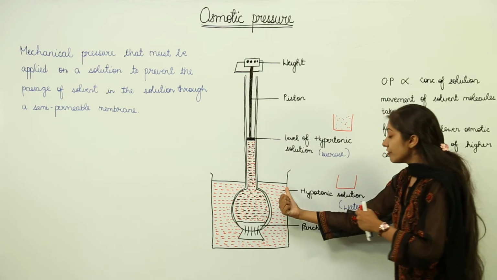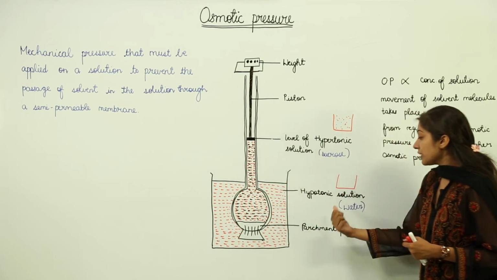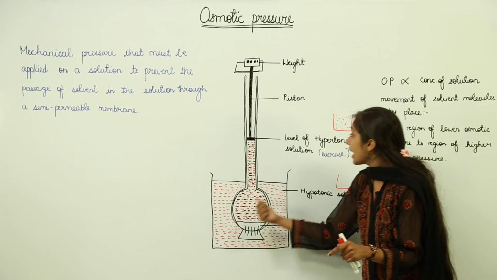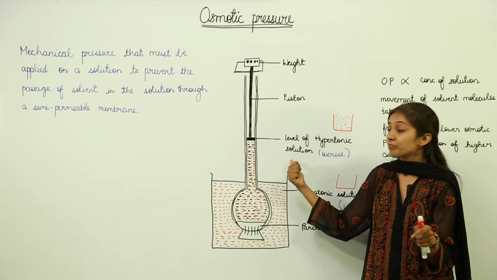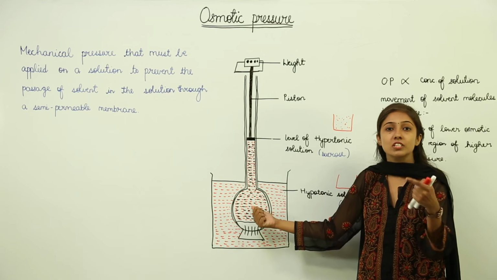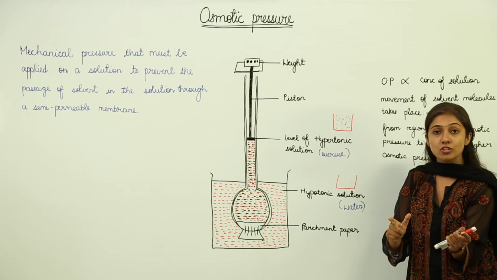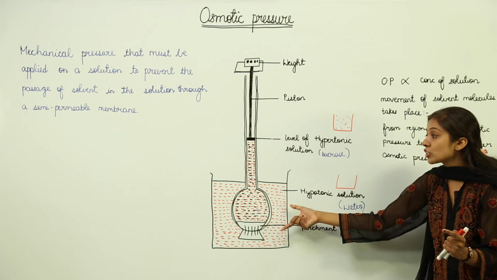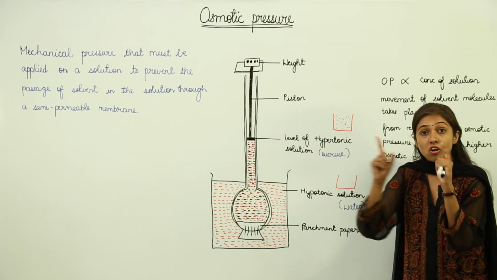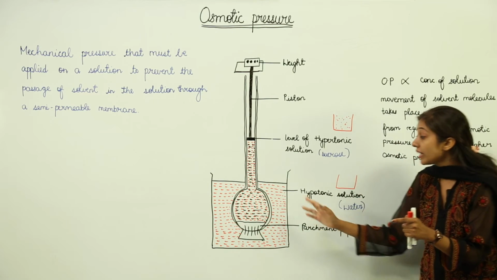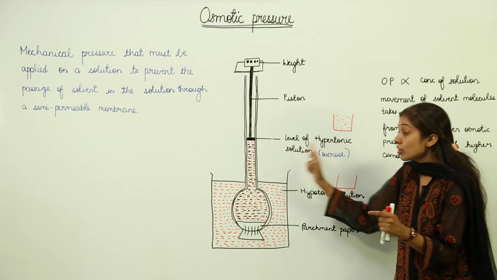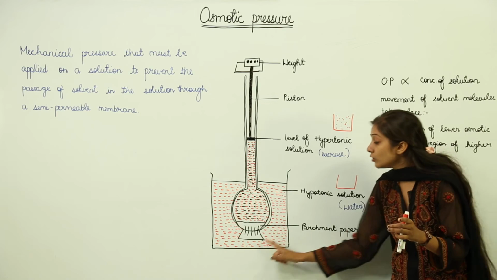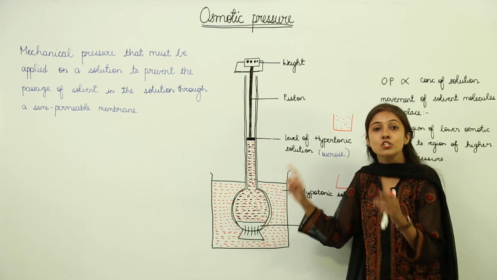You can see that here in the beaker we have a hypotonic solution, which means we are talking about low osmotic pressure, and in this Thistle funnel we had hypertonic solution, means the solution which is at higher osmotic pressure. So, there was a movement of water molecules from the beaker into the Thistle funnel, means from lower osmotic pressure to higher osmotic pressure. You can also say that there is movement of water from a dilute solution to a concentrated solution.